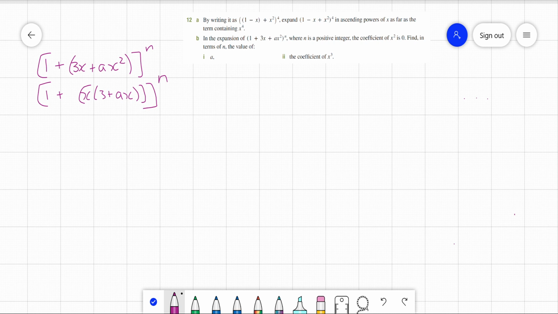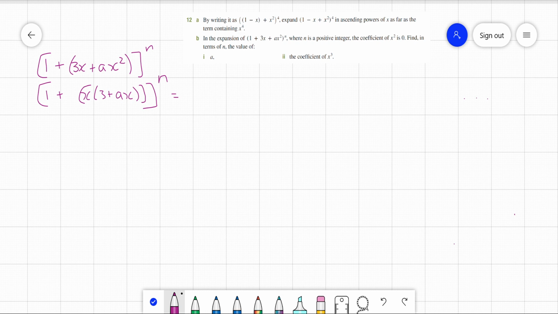So it's an x outside of a 3 plus an ax. That might be easier. So when we expand that, we're looking for the coefficient of x squared because that's 0, and the coefficient of x cubed.